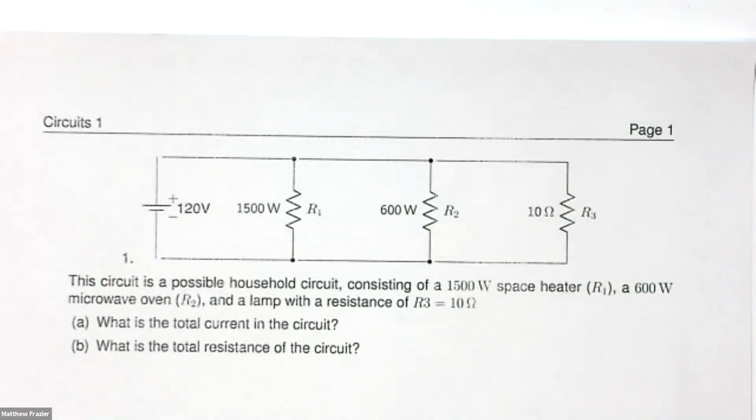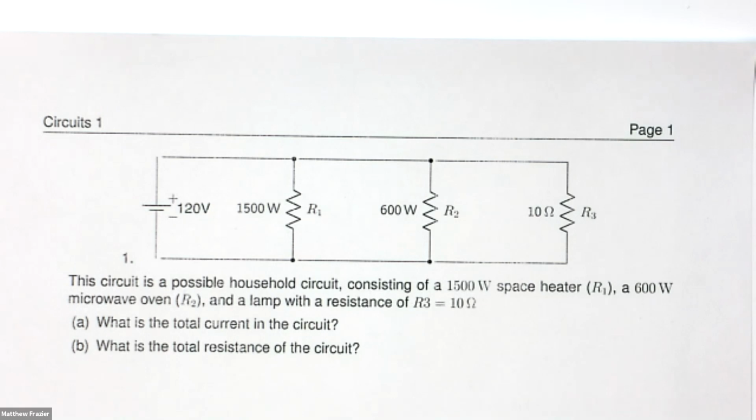Because when you buy a space heater or a microwave oven, they don't tell you that the oven is 80 ohms. They tell you it's 600 watts. They tell you the power it's going to use. You don't care how it's built.